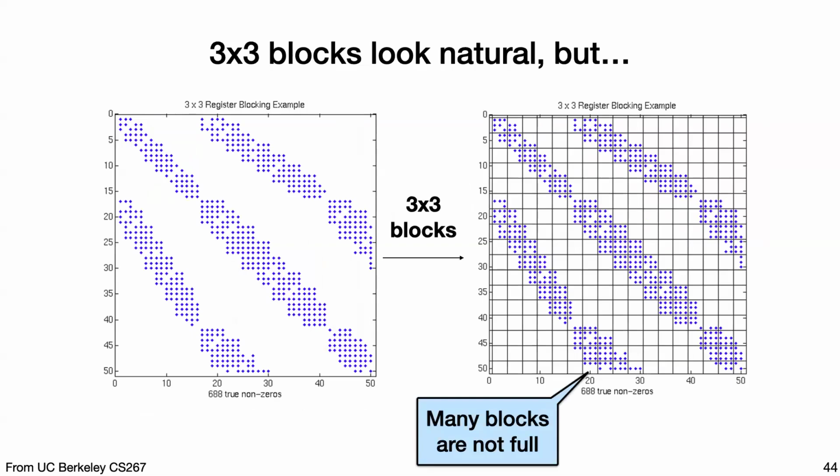One thing that looks okay, you can try 3 by 3. With 3 by 3, it kind of works in that many of the blocks are empty. So ideally, you would like many of the blocks to be empty, and the ones that you have, you would like them to be mostly full, because otherwise you have to spend a lot of extra space to explicitly store the zeros.